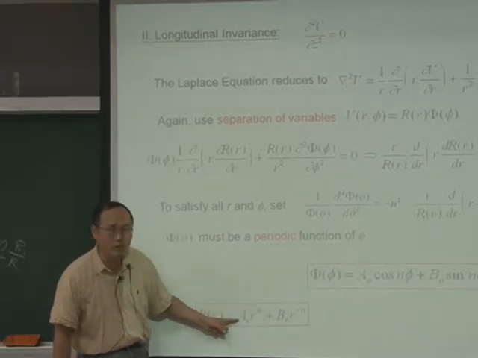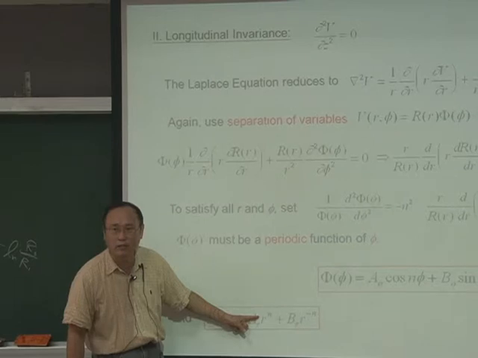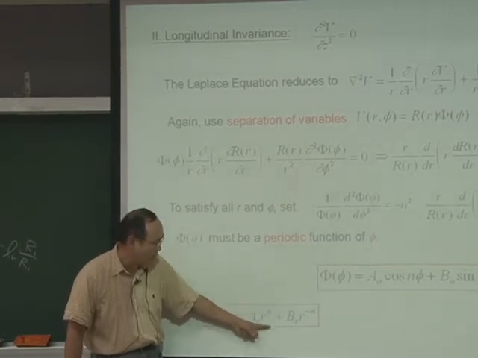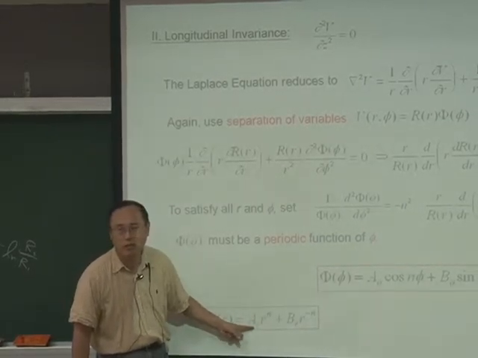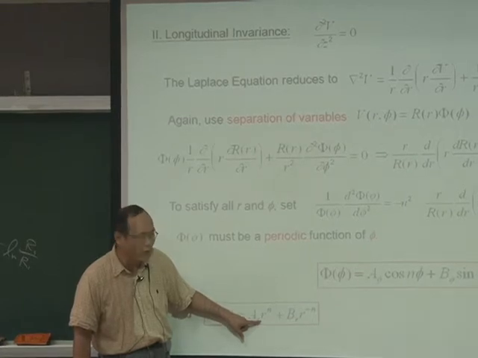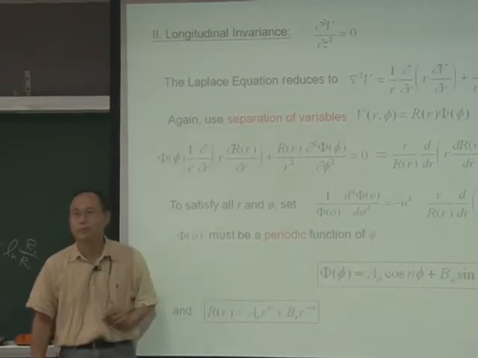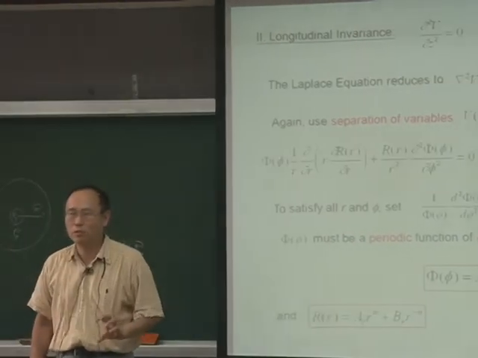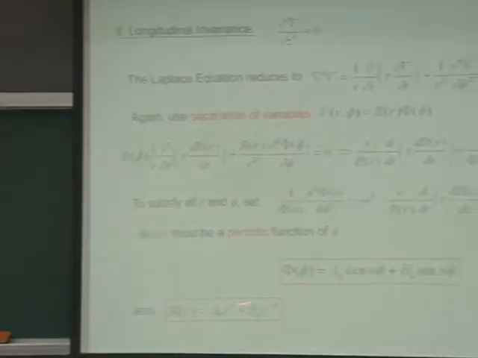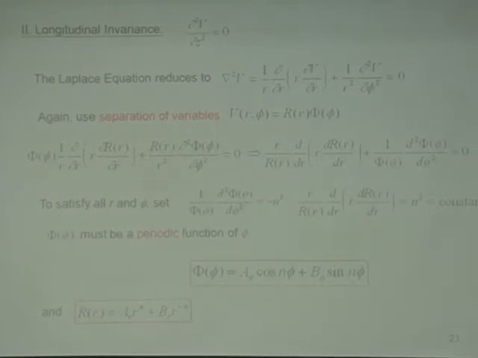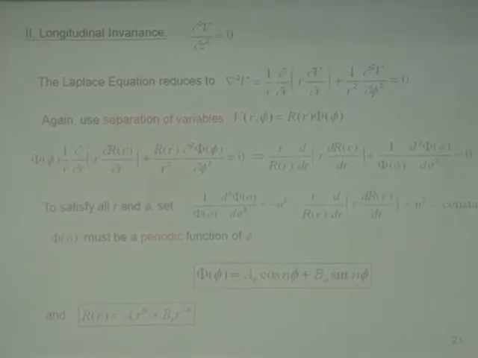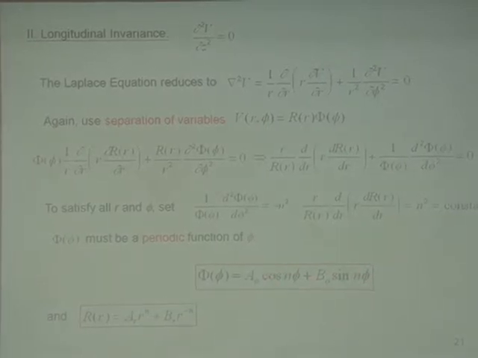If you include a region where R is infinite, then you cannot use this solution, because when you put R equal to infinite into this solution, this term diverges. So again, you have to decide which term you want to include based on the boundary conditions. And this is an R function, this is an even function.